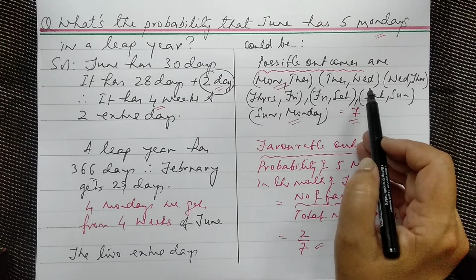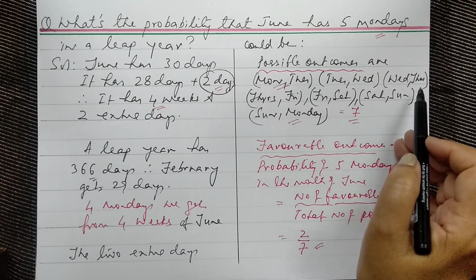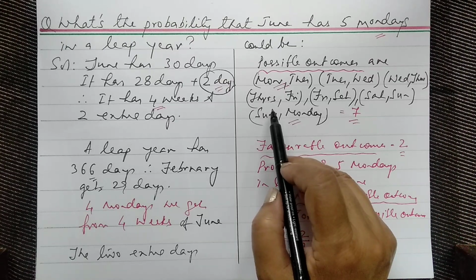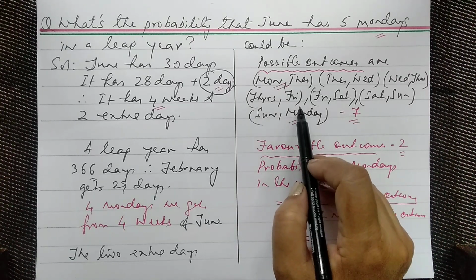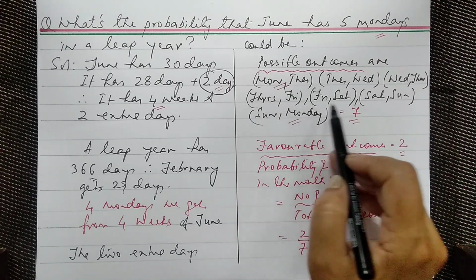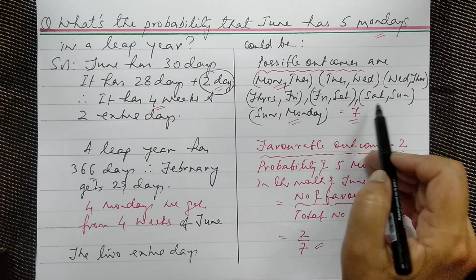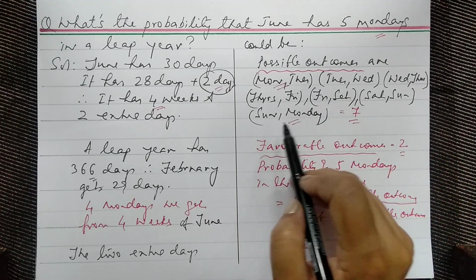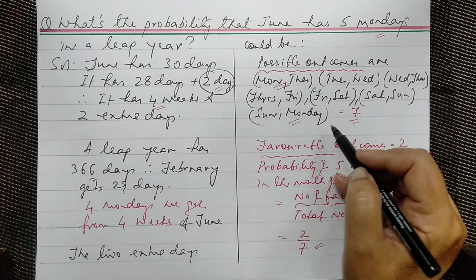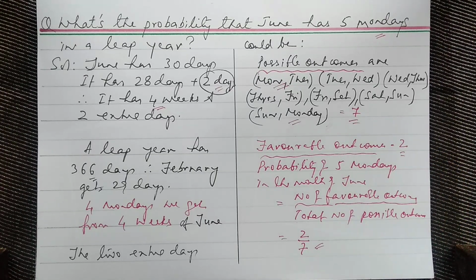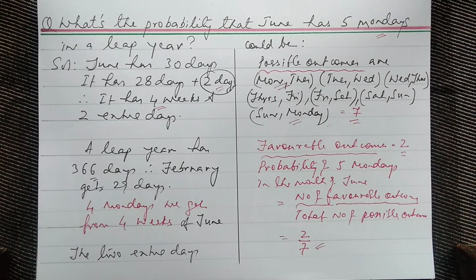If it starts on a Wednesday, then Thursday. If it starts on Thursday, the next day would be Friday, then Friday, Saturday, then Saturday, Sunday, then Sunday and Monday. Why did I stop here?